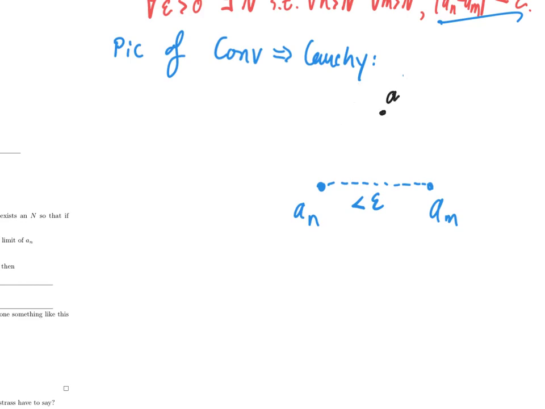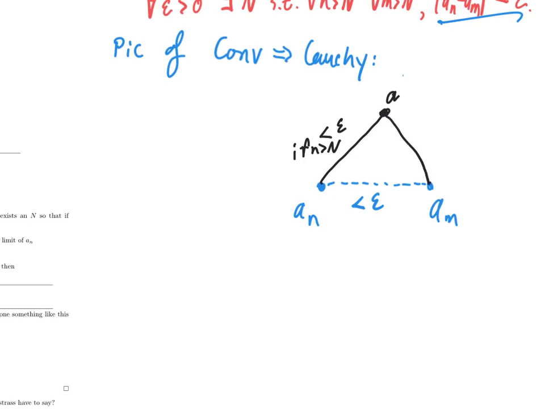There's A. Now I know that if I let little n be big enough, then I can get this distance to be as small as I want, where the big N comes from the fact that a sub n converges.